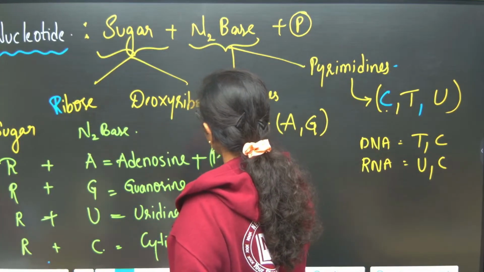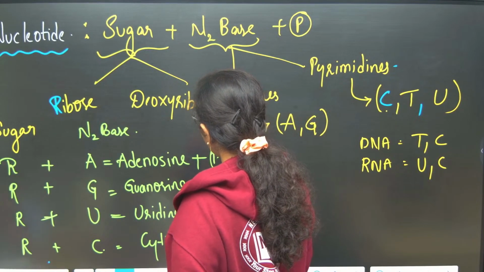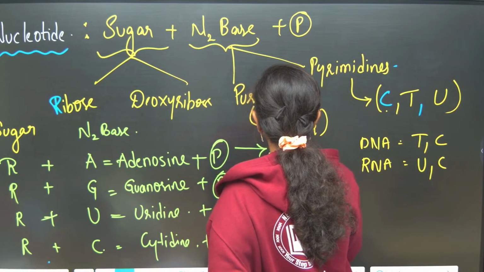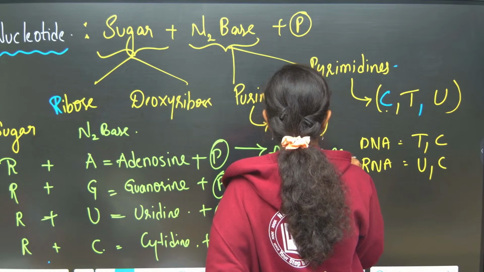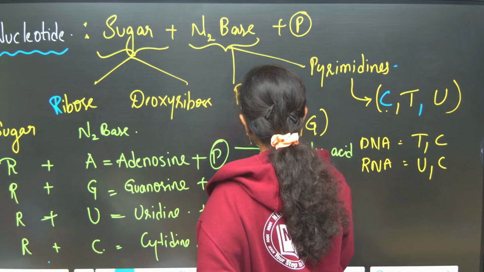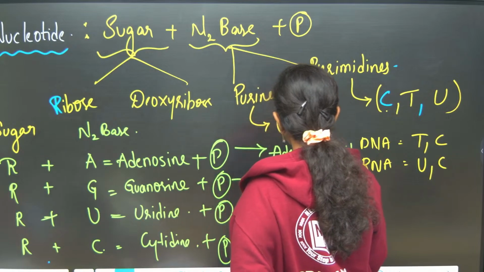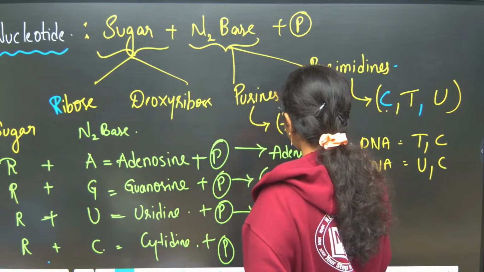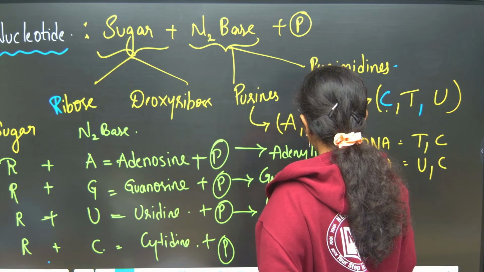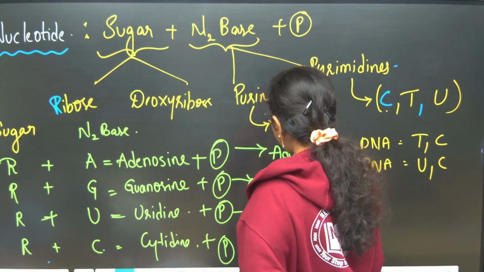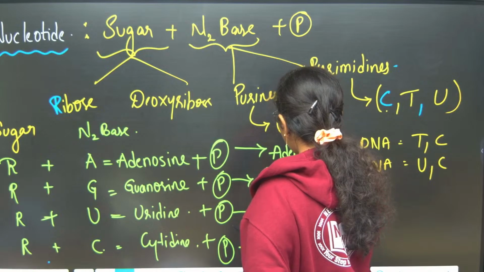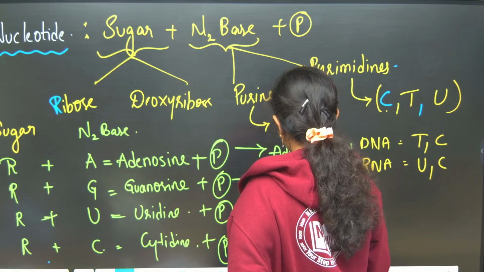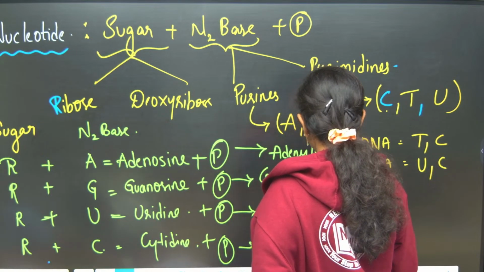Addition of a phosphate group gives adenylic acid, guanylic acid, uridylic acid, cytidylic acid.